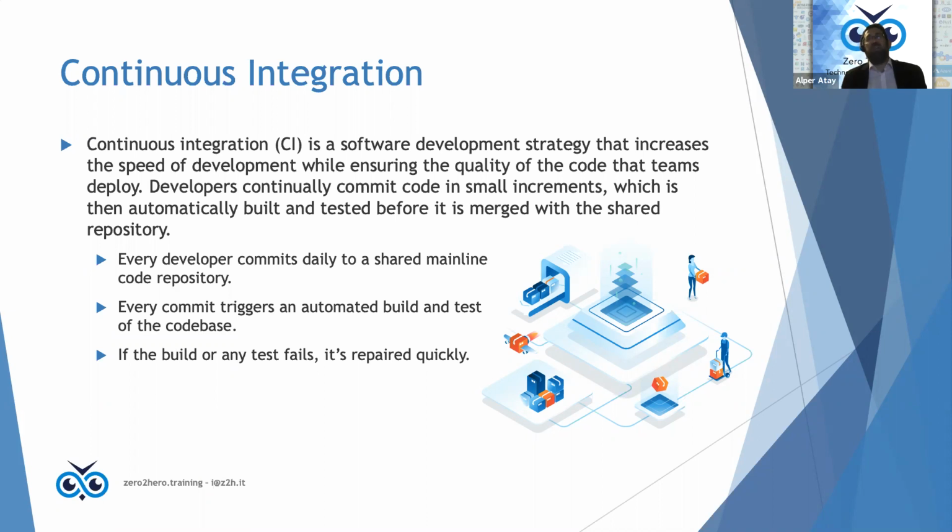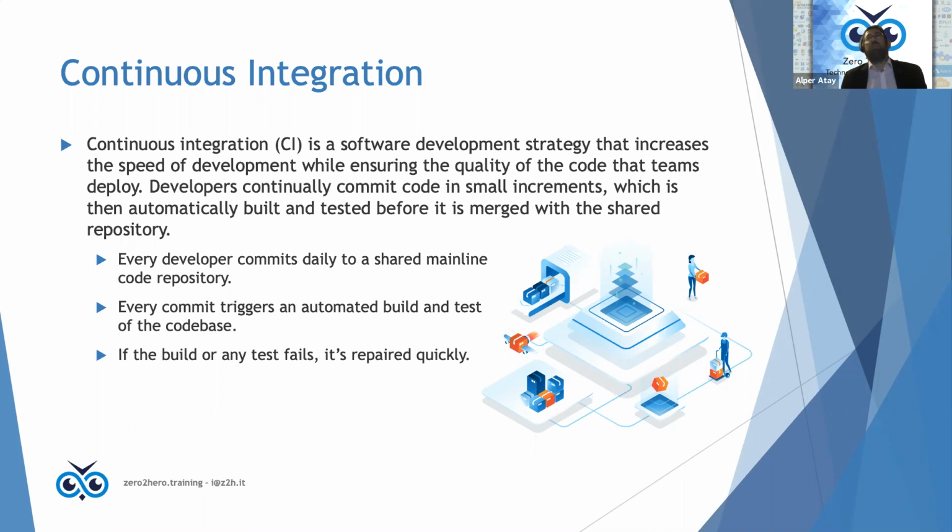Because if I made a mistake, or if something unexpected happened, since we didn't merge it to the repository yet, it is very easy to get your code, fix it and then deploy it correctly. So that's why we need continuous integration.